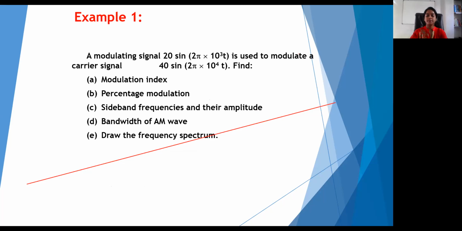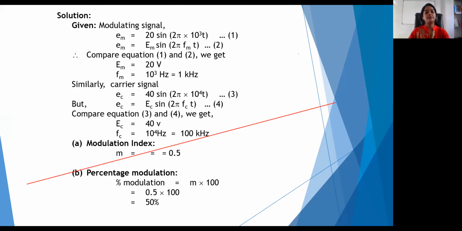This is one example which we have taken for today's class, and I have given it to you as homework also. Here we have to calculate the modulation index, percentage modulation, sideband frequencies and their amplitudes, bandwidth of AM wave, and draw the frequency spectrum. Just have an overview of how we have calculated.